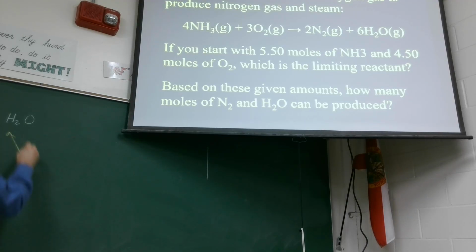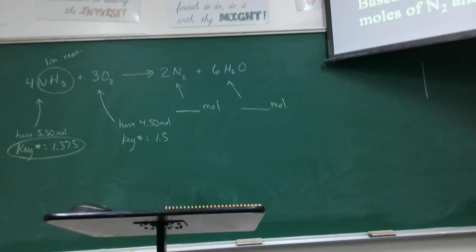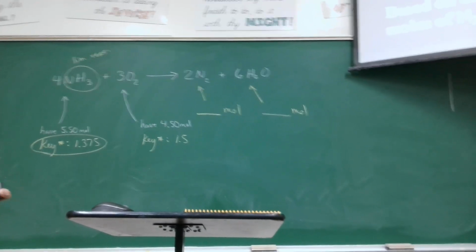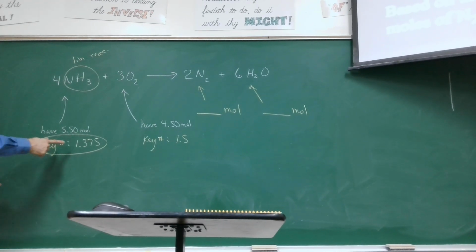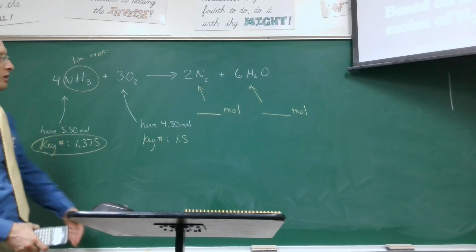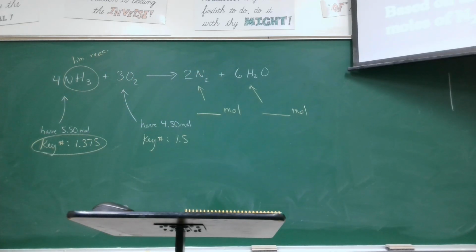How do we find the number of moles of each of the products? The key number by coefficient. The 1.375 by 2, 1.375 by 6, boom, you've got how many moles are produced. Really easy problem.